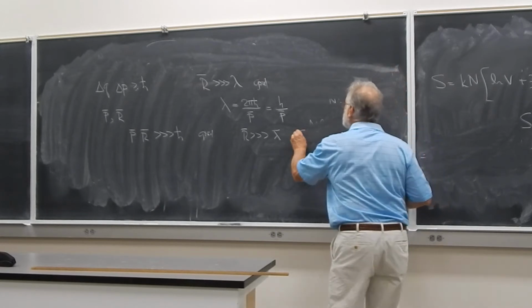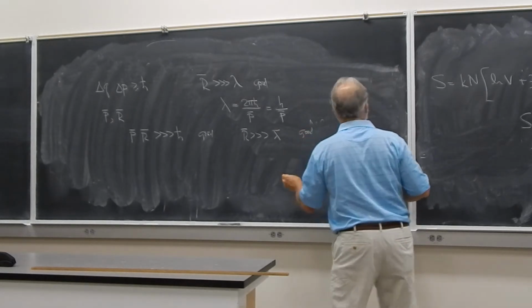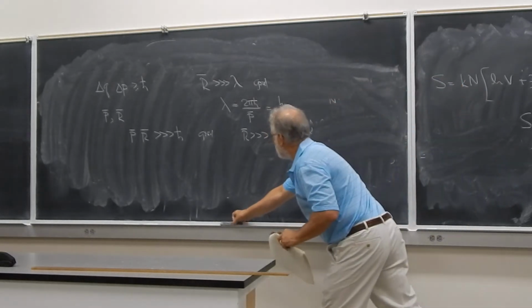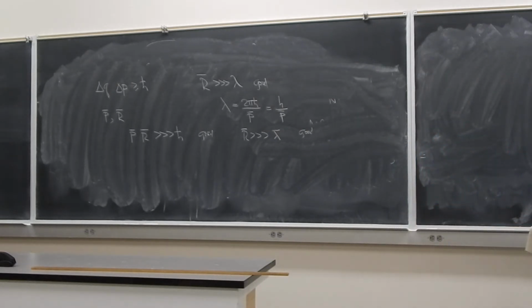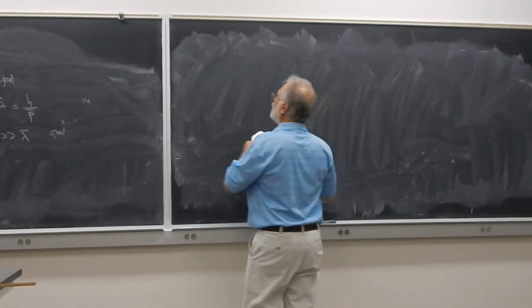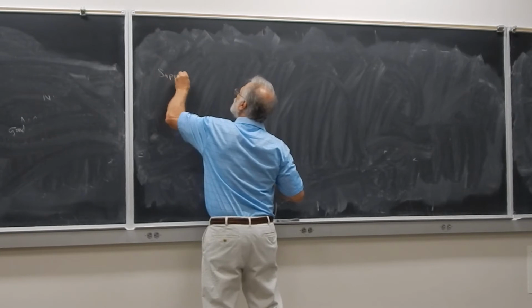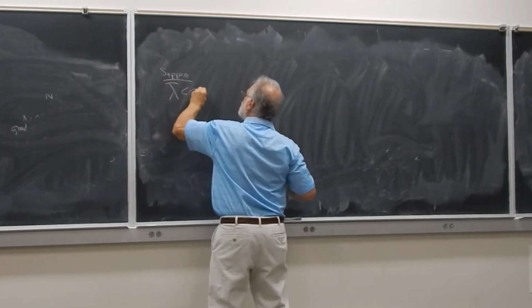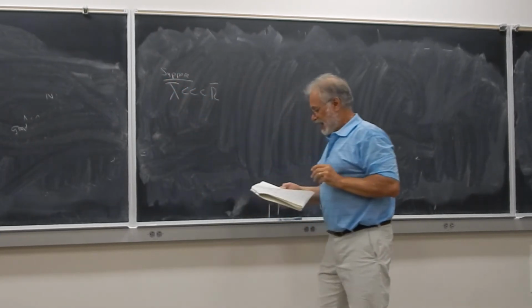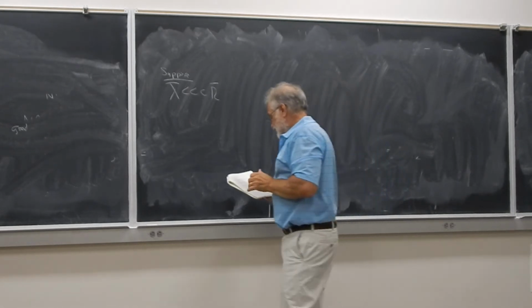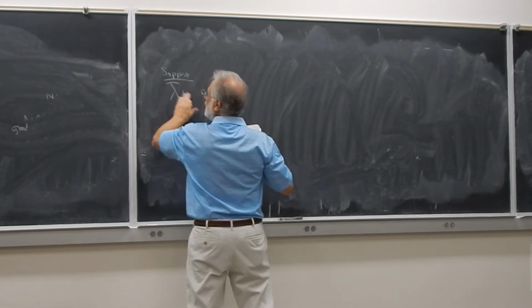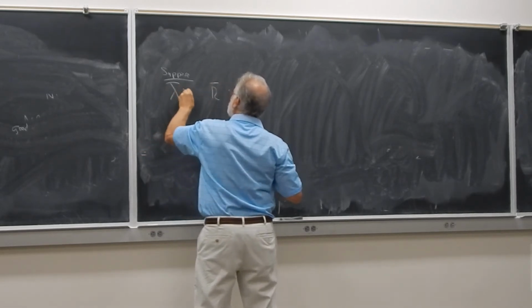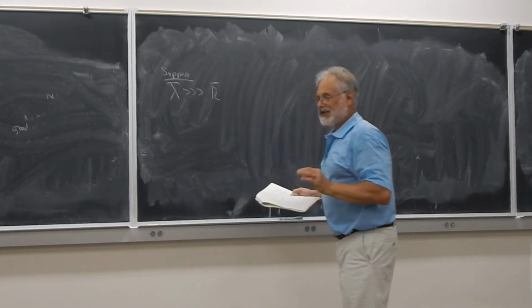Great, this is good. But suppose, on the other hand, my de Broglie wavelength, lambda, is much, much greater than the molecular separation.